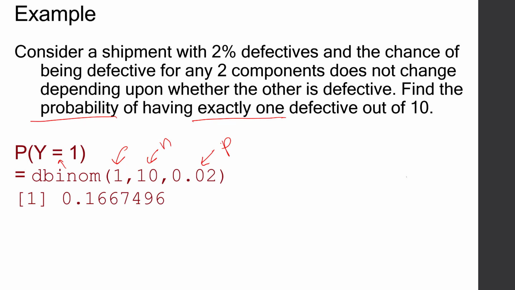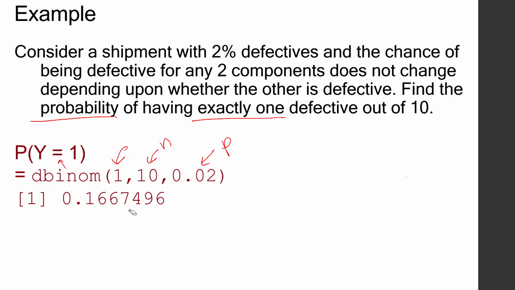And that ends up being 0.1667496. If I asked you to round that to 4 places, we just look at that 4th place, take a look at the 5th one. If it's 5 or higher, we bump that 4th place up. If not, we keep it the same, so it would round to 0.1667.